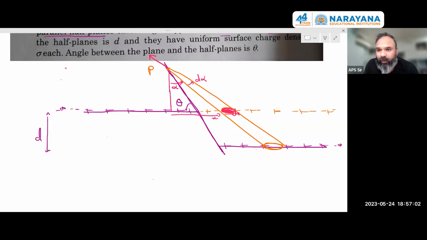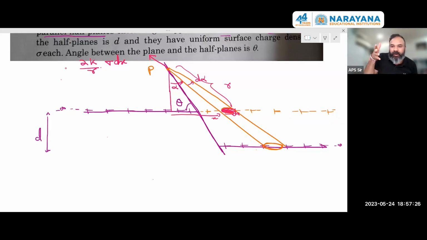It is 2k lambda upon r, that is, lambda upon 2 pi epsilon naught r, if this distance I have taken is r. I just want to write lambda. Now how to write lambda? Lambda can be written as sigma into dx, so charge per unit area into this, and length you can take as 1.